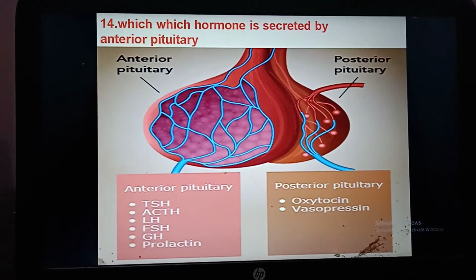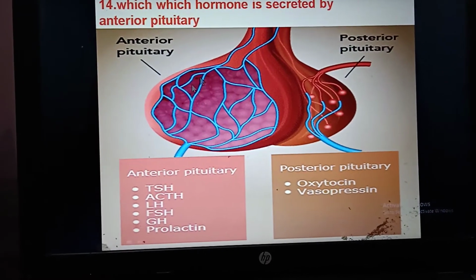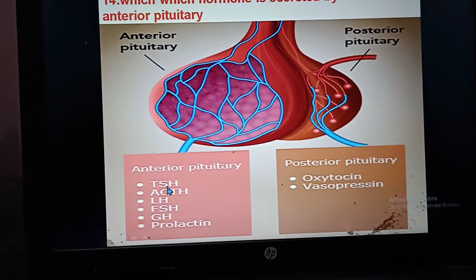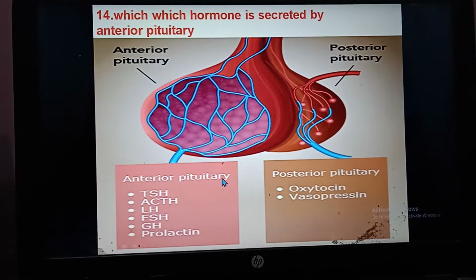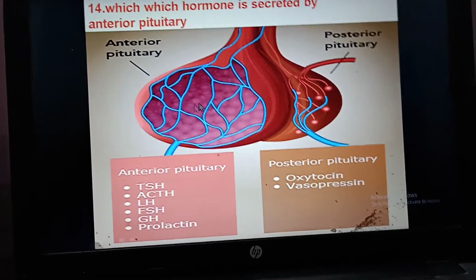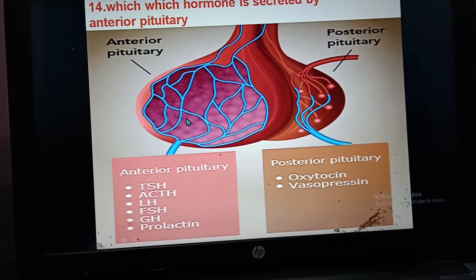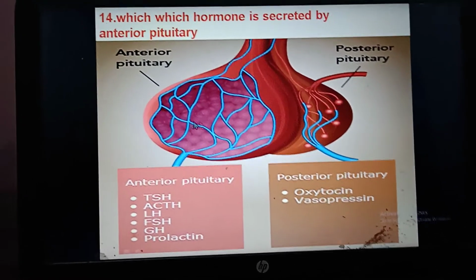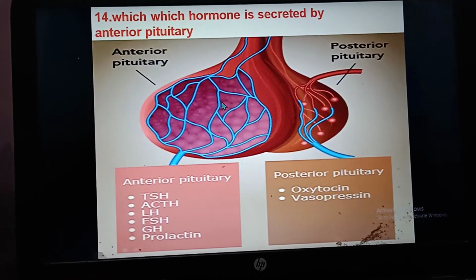Which hormones are secreted by the anterior pituitary? We already know that the anterior pituitary has acidophil cells and basophil cells with secretory granules. Acidophilic cells are the somatotrophs and the lactotrophs.